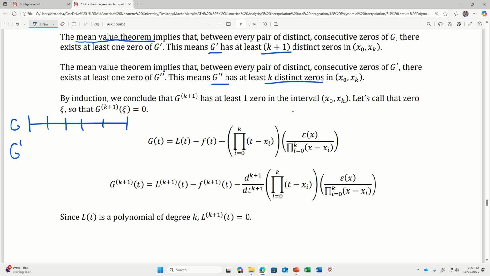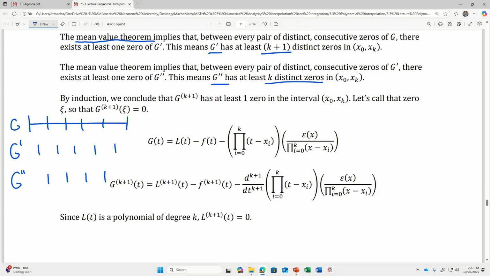Here are the zeros of g prime that have to fall in between those. Here are the zeros of g double prime, which fall in between those. And each time I do this process, take the derivative, find the zeros, they have to fall in between the zeros of the derivative above it, and that means I lose 1 every time. So I went from having k plus 2 to k plus 1 to just k.